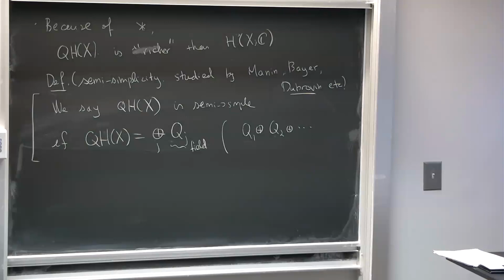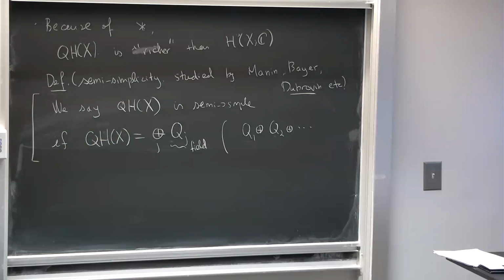Okay, so suppose we have a Fano variety, a smooth Fano variety. And let's assume that the quantum cohomology of X is semi-simple.